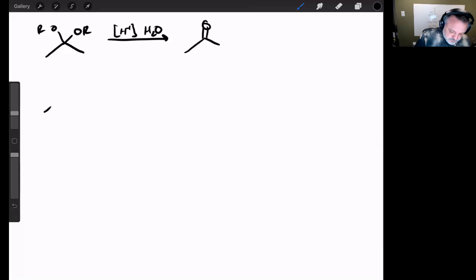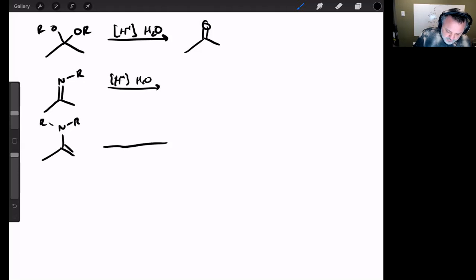Now, we can do the same thing with imines and enamines. The reactions are the same. So H plus with water does the hydrolysis reaction and reforms the carbonyl.